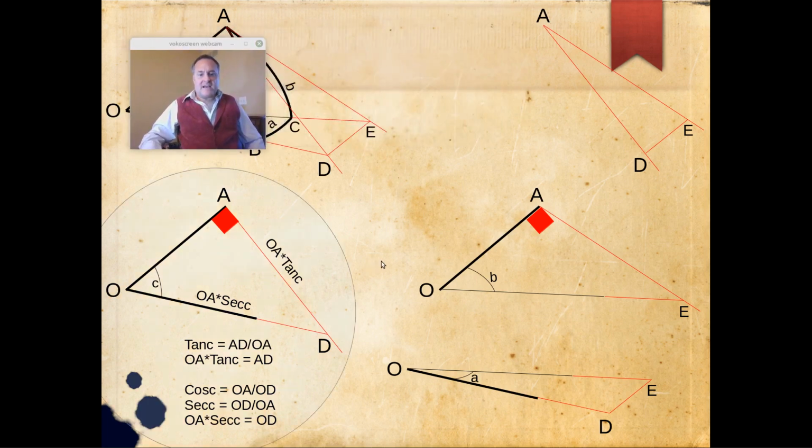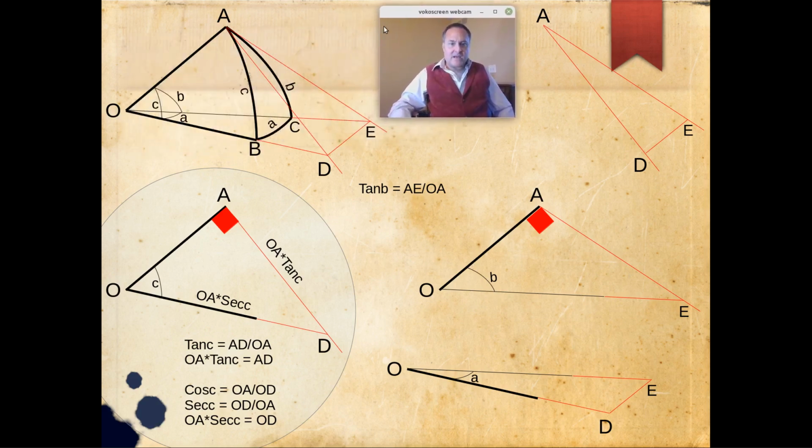So that's that. Now, relating now to this other side, we can use the exact same logic here. We're going to find the tangent of angle B. Angle B comes from right here.